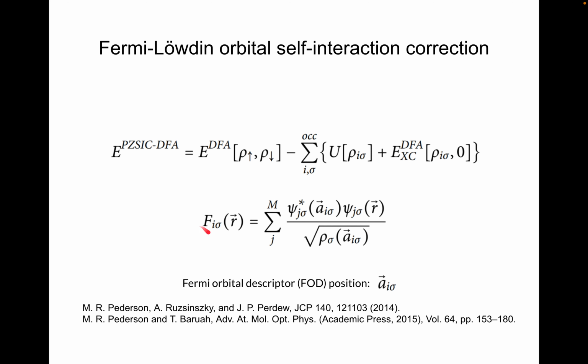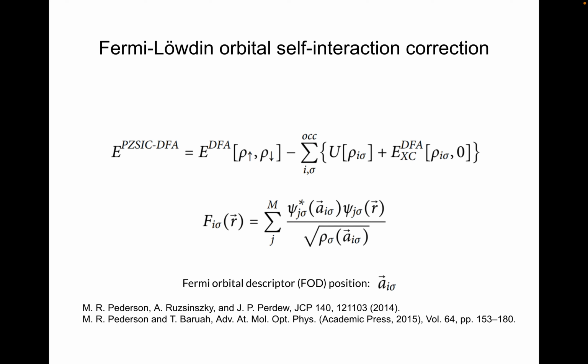First, you can obtain the Fermi orbital by the unitary transformation from the Kohn-Sham orbital psi j sigma. Here, the so-called Fermi orbital descriptor position a_i is used to transform the Kohn-Sham orbital to the Fermi orbital. This a_i is called FOD for short. The Fermi orbitals are local orbitals, but they are not necessarily orthogonal to each other.